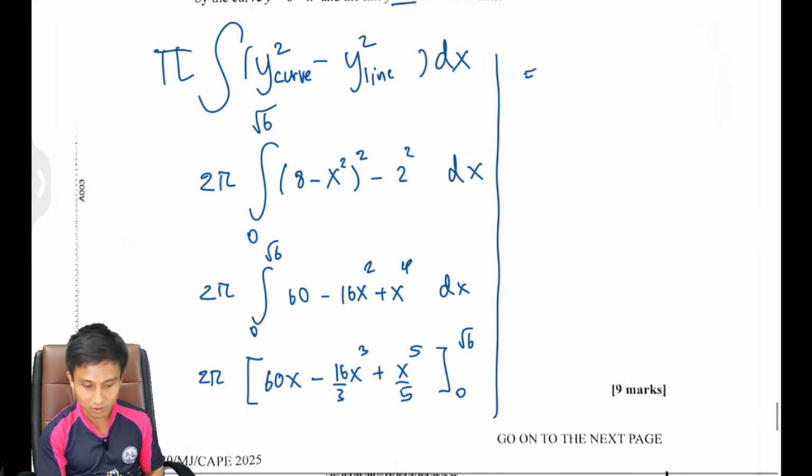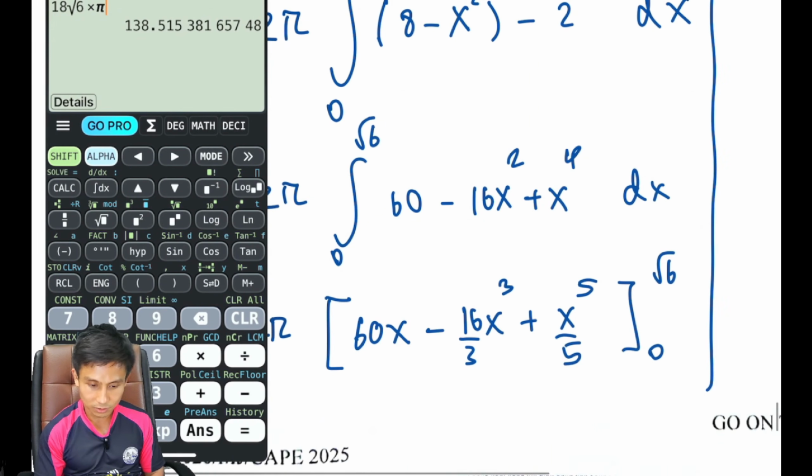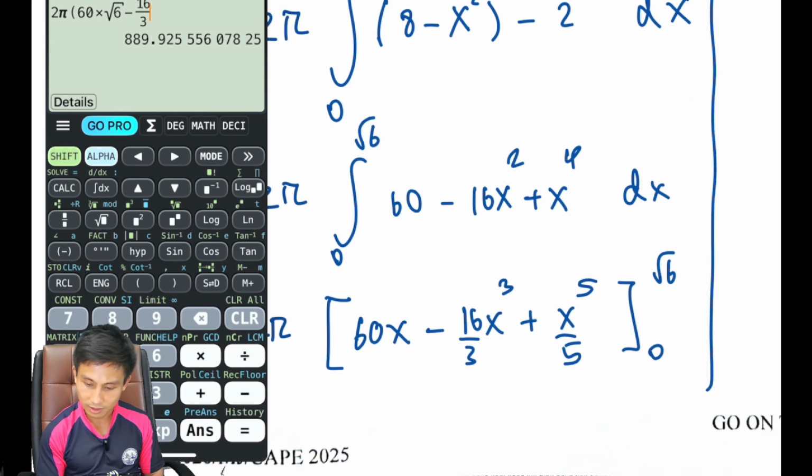Yeah. So I think I'm going to use a calculator there. So it's 2 times pi, brackets. So if we sub 0 in, everything disappears. So that's easy. So it's just going to be 60√6 minus 16 over 3 times √6 to the power of 3, and then plus √6 to the power of 5 divided by 5.